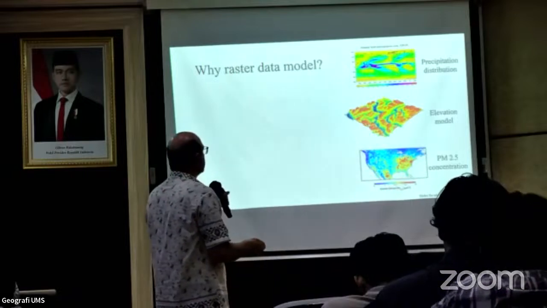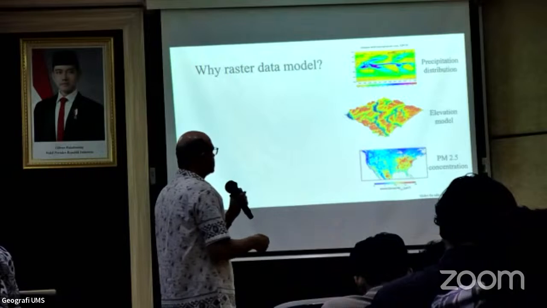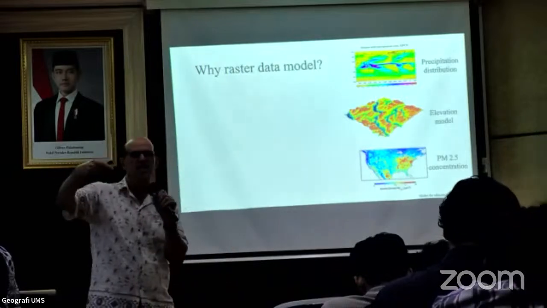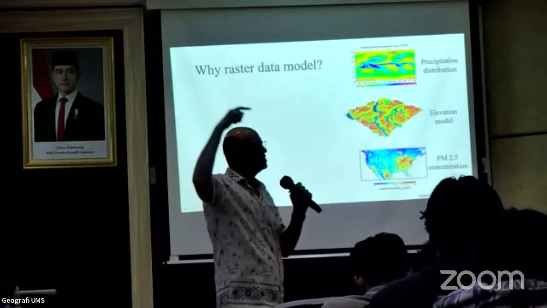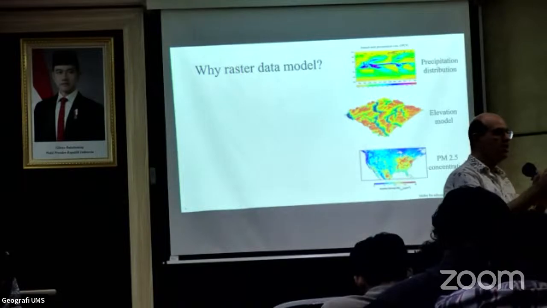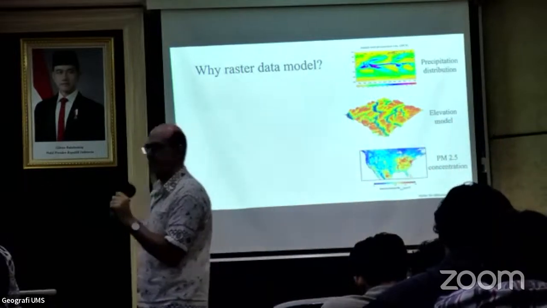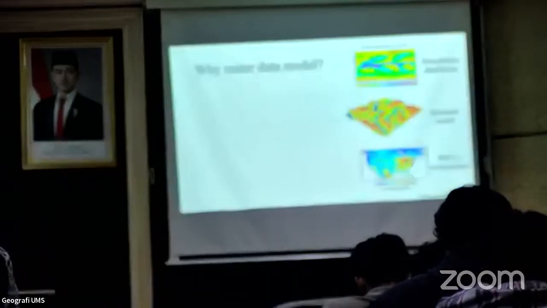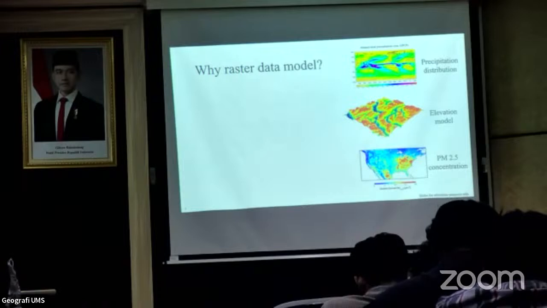Rainfall amount is changing. Precipitation distribution is changing. We have some distribution now, next year different, even month, even a day, morning, evening, midday, we have different precipitation distribution. So in the real world, phenomena are changing quickly. The vector data model is very good for discrete objects, for aesthetic value, for shapes.